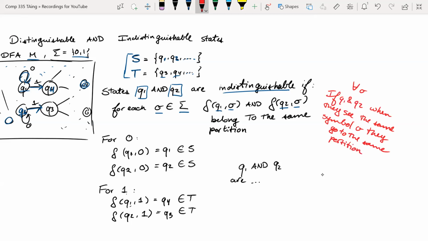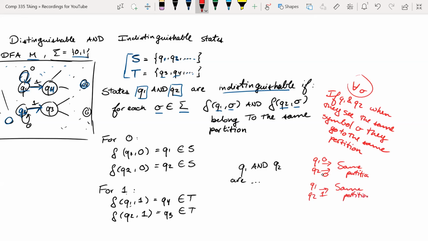and this is true for every symbol, then they are indistinguishable. Notice I'm not saying that Q1 and Q2 should go to the same partition for each symbol, as in, for 0 and 1 they should both go to S. I'm saying that when Q1 and Q2 see a 0, they should go to the same partition, and when Q1 and Q2 see a 1, they should go to the same partition.